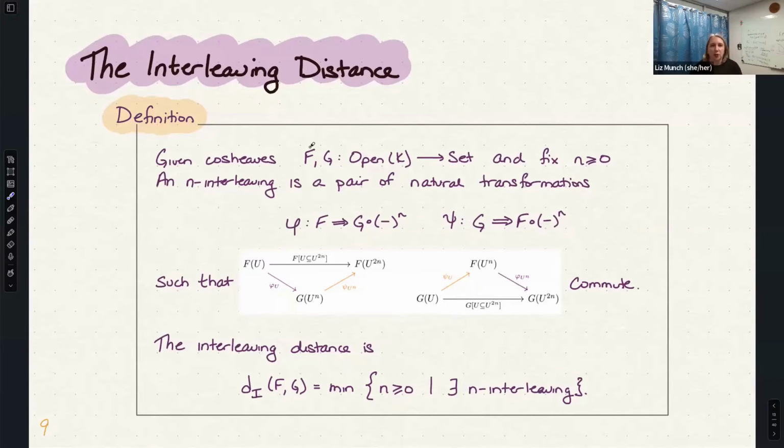I've got two input co-sheaves, which are currently representing my mapper graphs. I'm going to fix some n greater than or equal to 0, and an n-interleaving is the following. I need a pair of natural transformations, phi and psi, that go from one to the other precomposed with this thickening, and the other to the first, precomposed with the thickening.